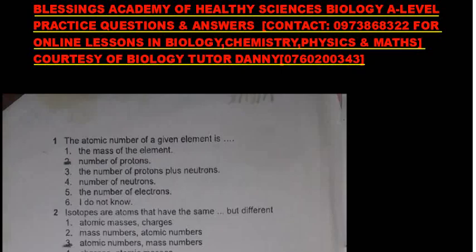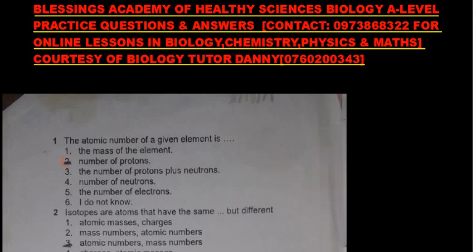Then number 2, it says number of protons. Yeah, this is true. Then 3, we have the number of protons plus the neutrons. No, this is mass number. Then 4, we have number of neutrons. This is not true. 5, the number of electrons. So the answer here is 2. 2 is the correct answer.